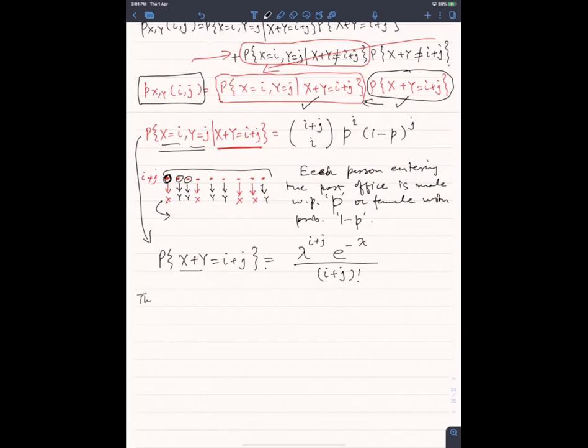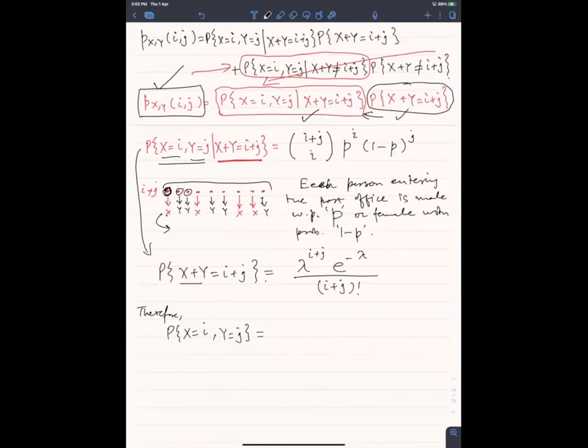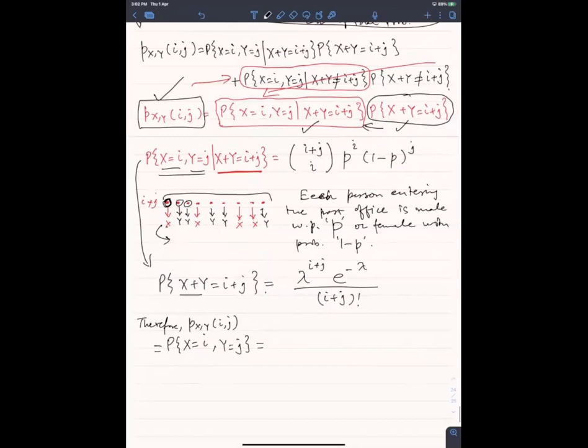Okay. Therefore, probability X is equal to i, Y is equal to j. This would be equal to the joint PMF p_XY(i, j), which is the same as probability X is equal to i, Y is equal to j, is equal to the first term that we have found, multiplied by this term.